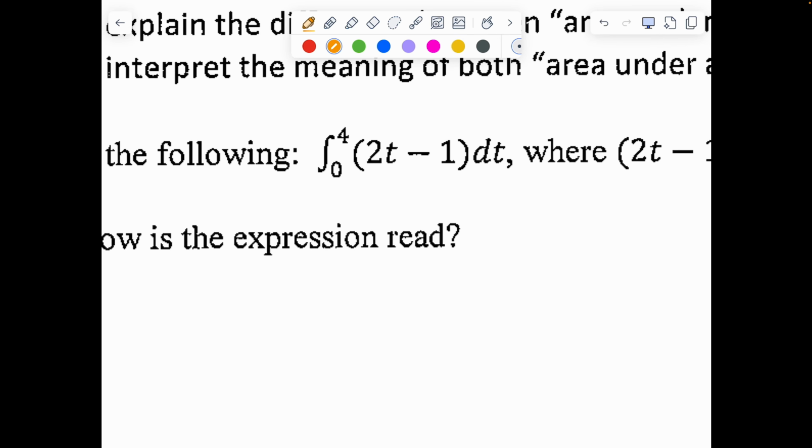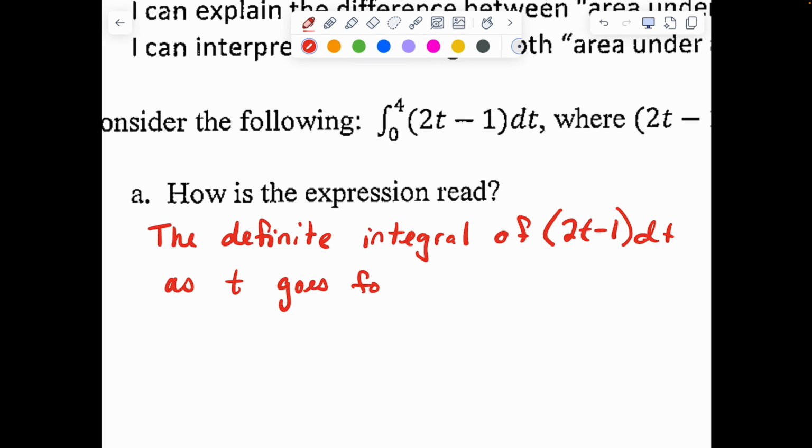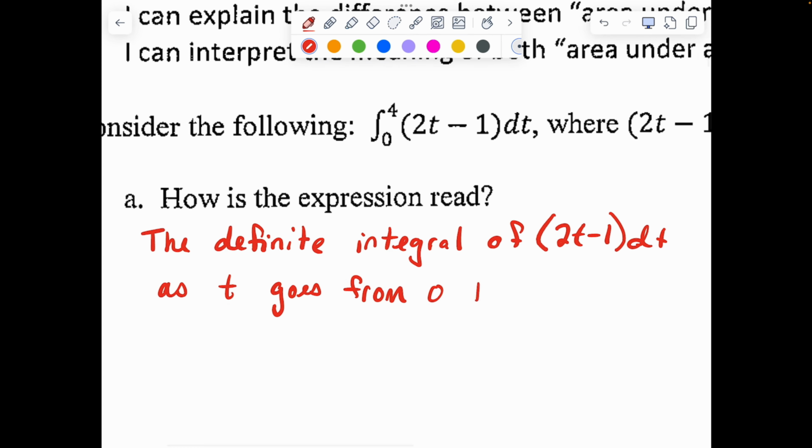This is read as the definite integral of 2t minus 1 dt as t goes from 0 to 4.